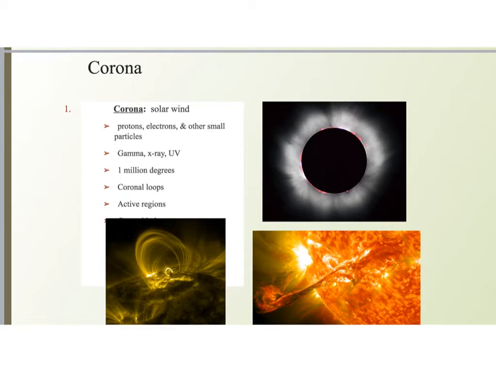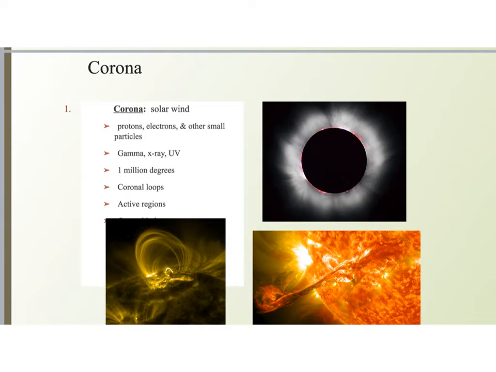Because there is heightened magnetic activity within these coronal loops, a lot of times these loops can be the predecessors of solar flares and CMEs, which are coronal mass ejections. So watching and observing these coronal loops can be essential to the prediction of space weather, because as these tend to get larger and larger, these are an indication that a CME could be imminent.